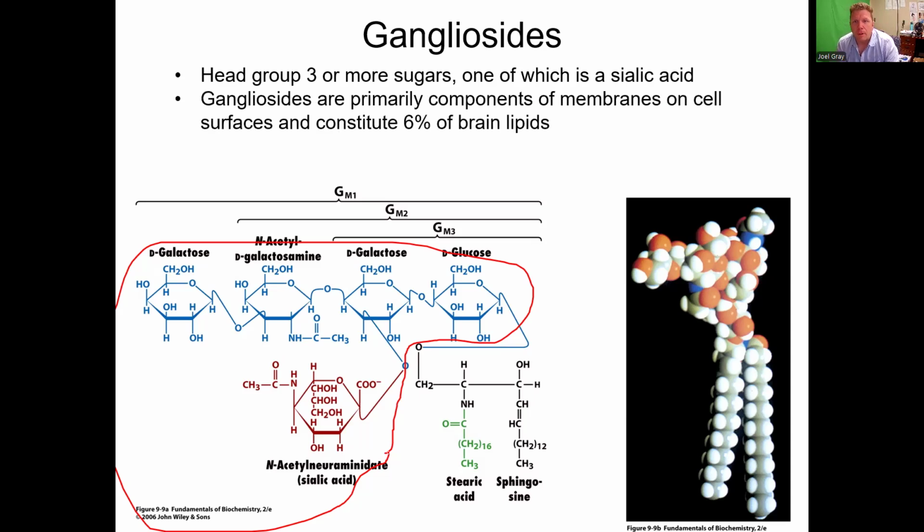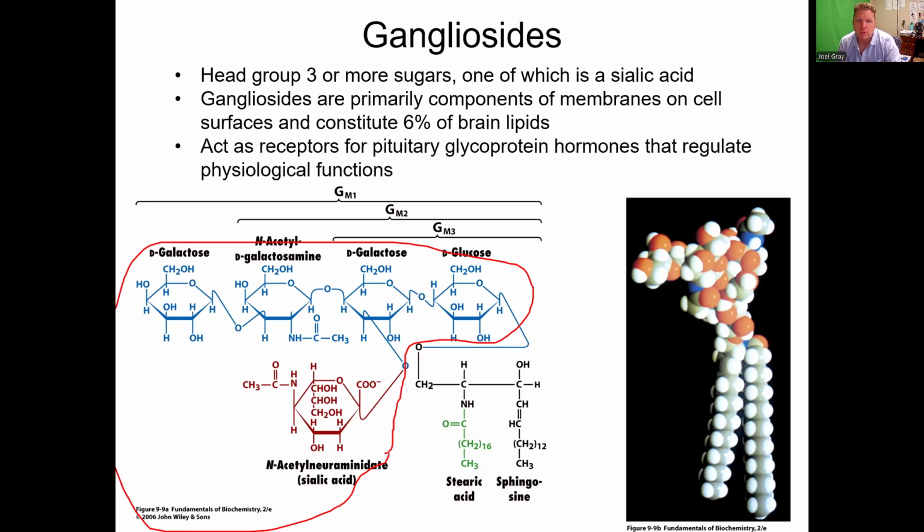Gangliosides are primarily components of membranes on cell surfaces and constitute 6% of brain lipids. These act as receptors for pituitary glycoprotein hormones that regulate physiological functions.